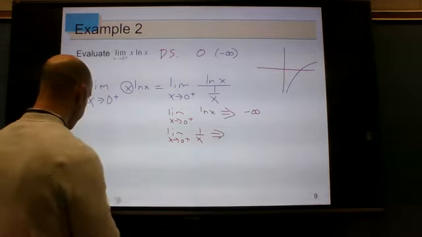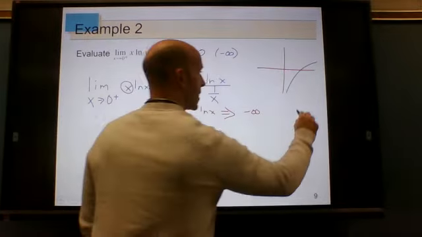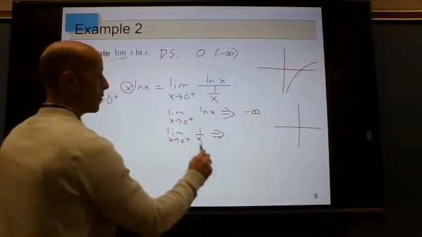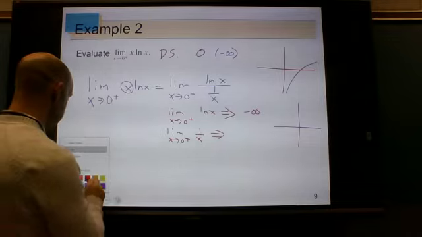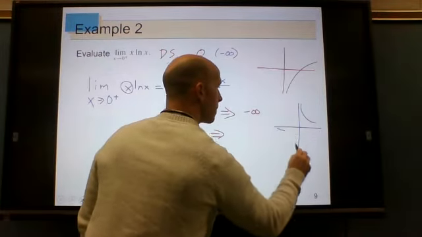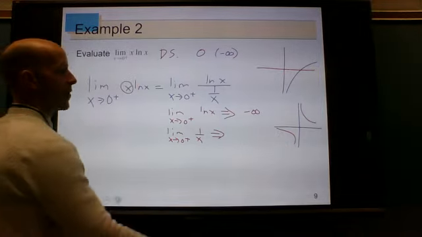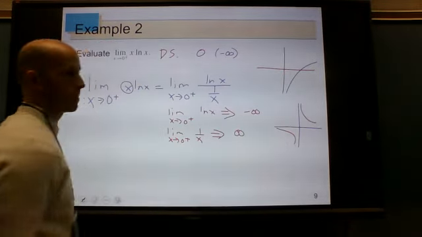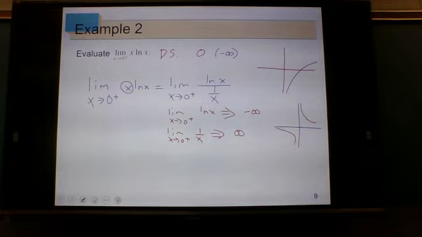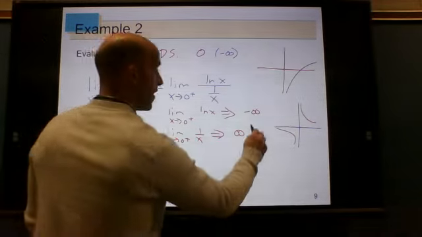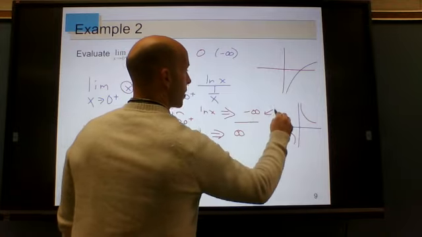Well, if we graph that function, the graph of 1 over x looks like this. If I'm going to 0 plus, that's going to positive infinity. So in other words, I've got negative infinity over infinity. So this right here is an indeterminate form.